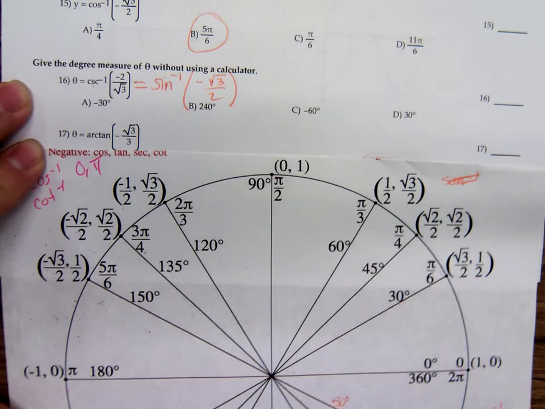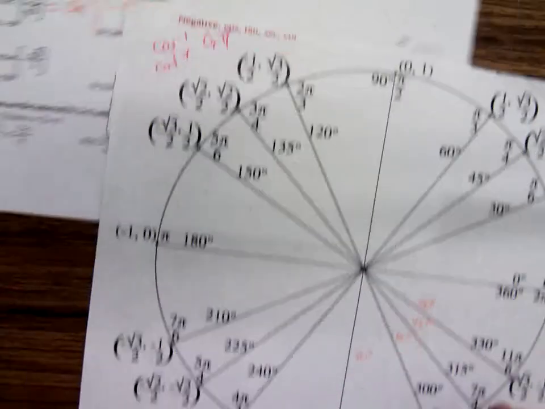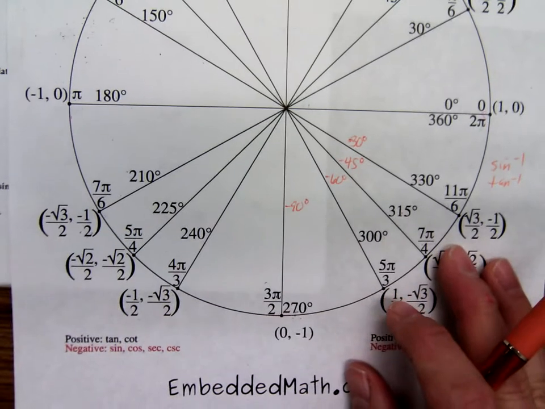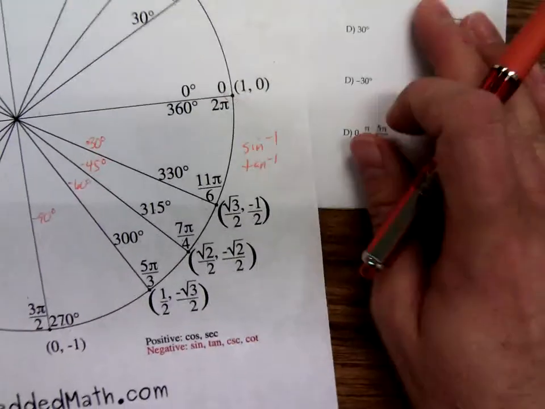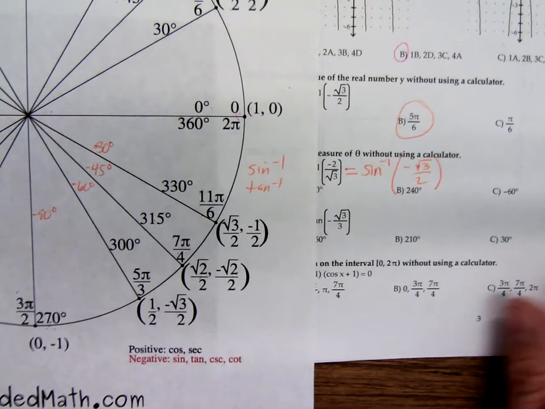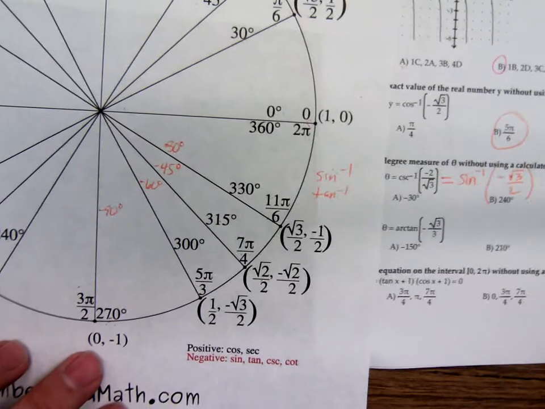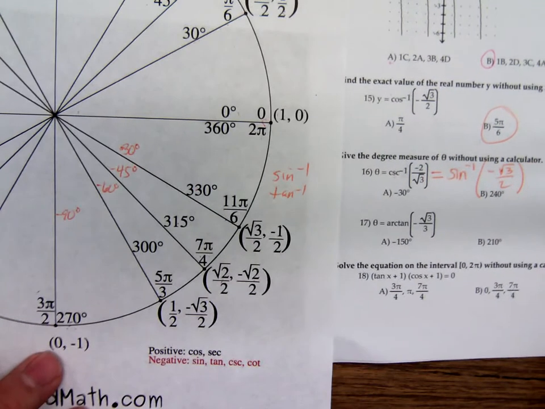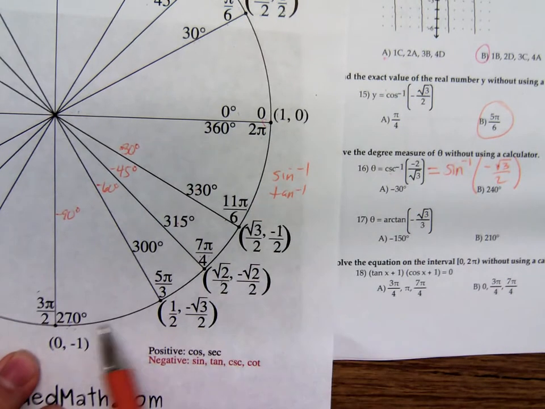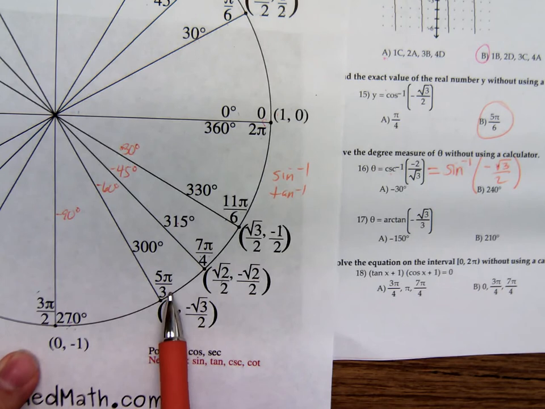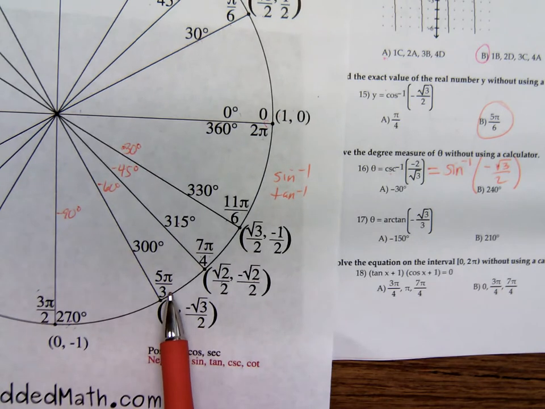Let me see, how can I do this so it'll all show? Oh, I know. There's number 16. We're looking down here. 5 pi over 3, which is not what I'm going to choose.